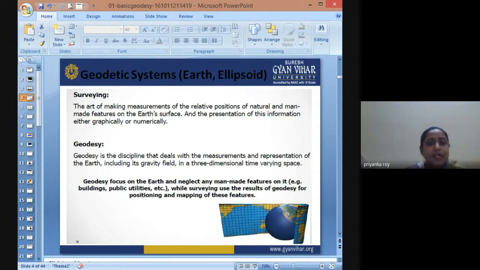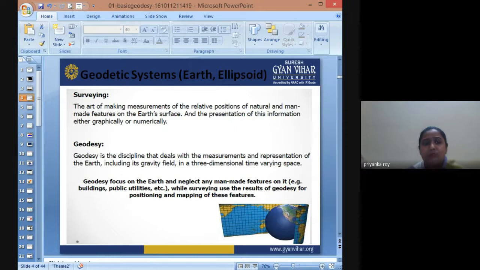Now geodesy is the discipline that deals with the measurement and representation of the Earth, including its gravity field, in three-dimensional time-varying spaces. Geodesy focuses on the Earth and neglects any man-made features on it.